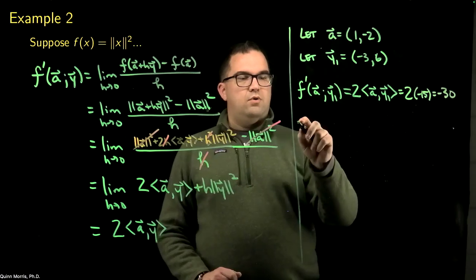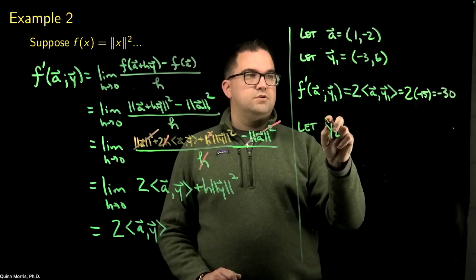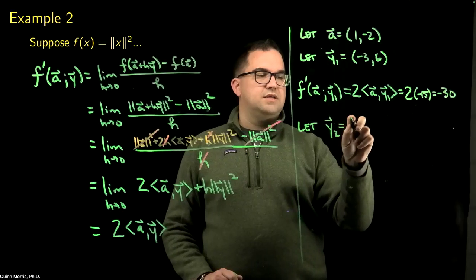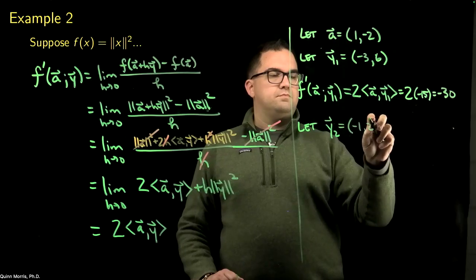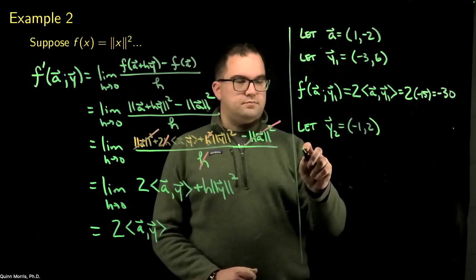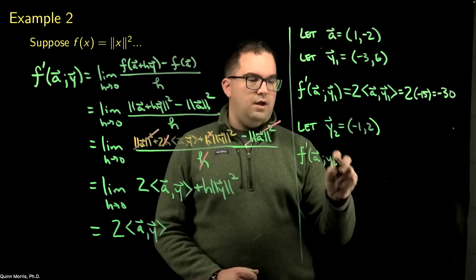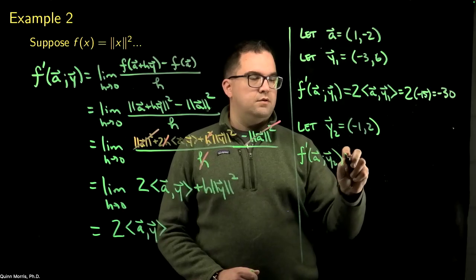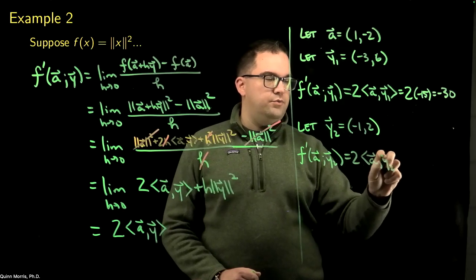Okay. But what if I took another vector? So what if I took y2, let's say, to just be -1, 2? Okay. Well, then f prime of a in the direction y2 would be 2 times the inner product of a with y2.